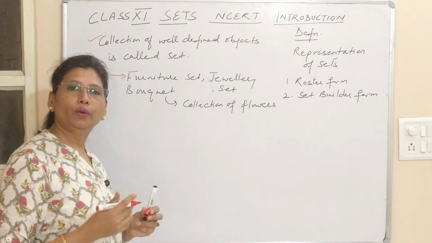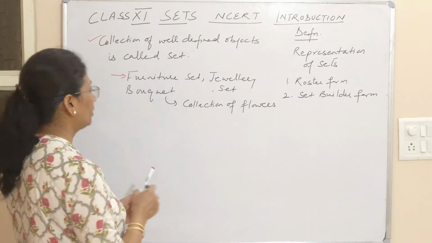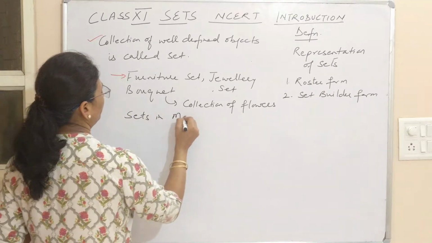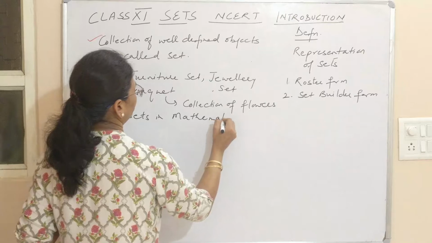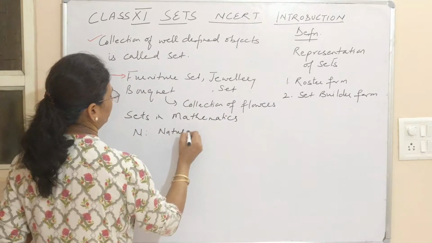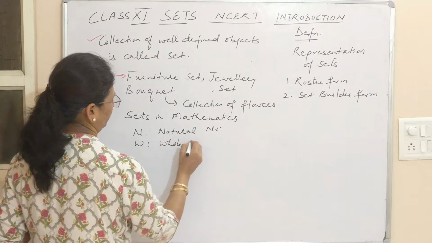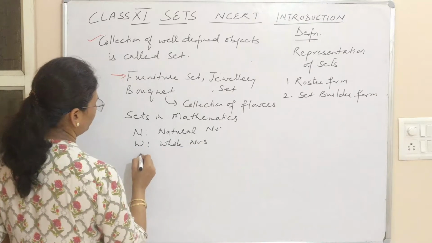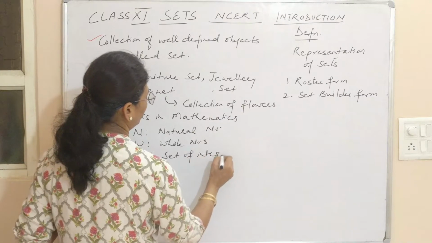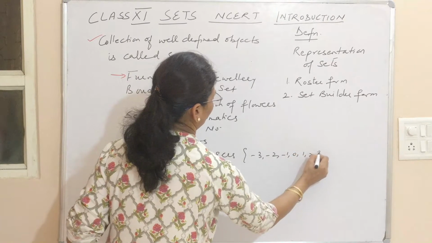Now, if you remember, how do we define sets in mathematics? Whenever we define the number system, N is the set of natural numbers, W is the set of whole numbers. Same way we have the set of integers, where we are dealing with only integers.